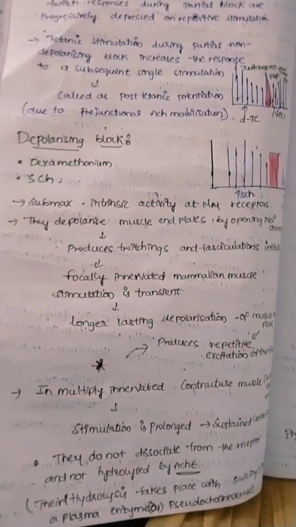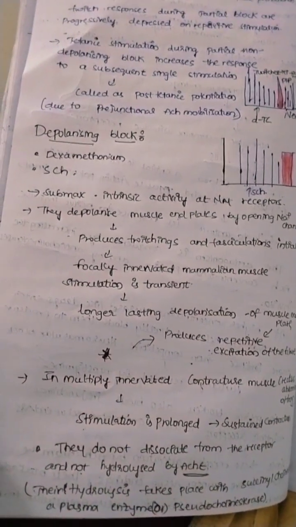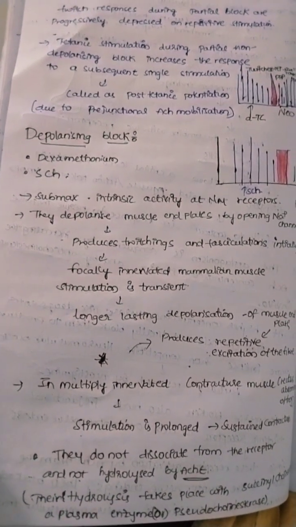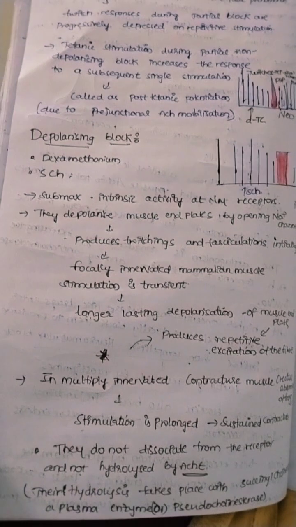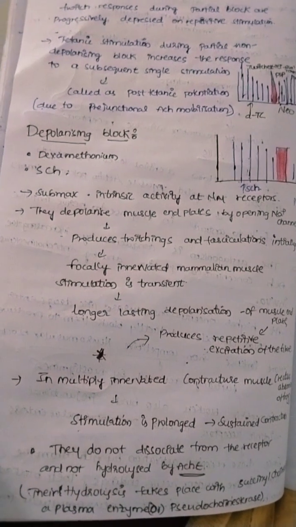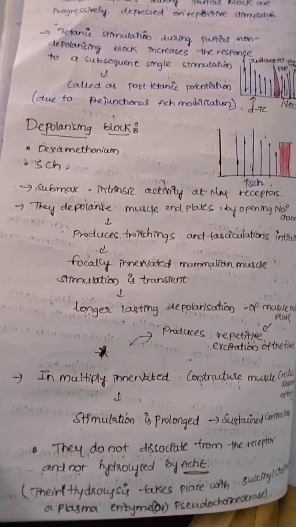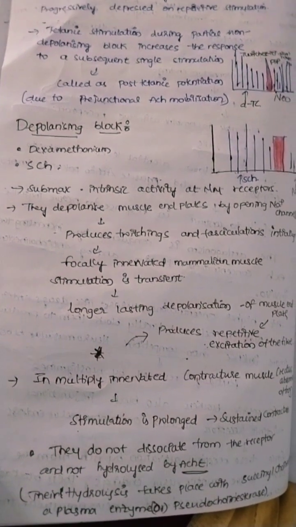If it is not a mammalian innervated muscle, for example the rectus abdominis of the frog, which is multiply innervated by many nerves, and if the stimulation by decamethonium and succinylcholine is prolonged, then sustained contraction will be produced.